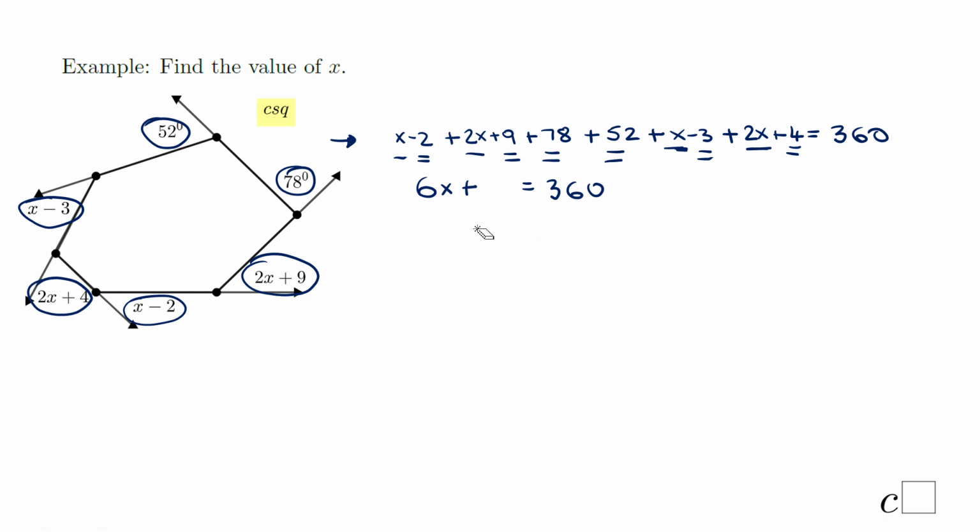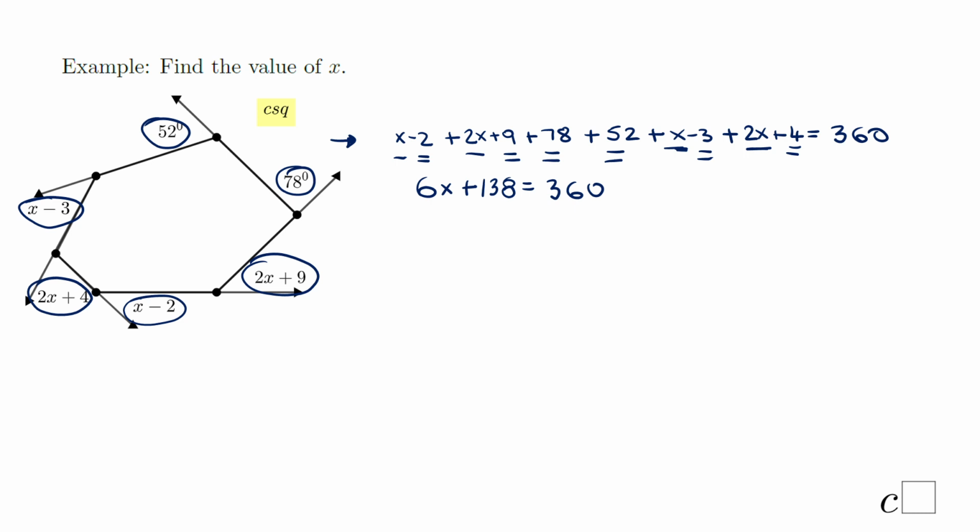And you know what? I'm going to try one more time just to be sure I have the correct answer. I apologize for that. One more time. Negative 2 plus 9 plus 78 plus 52 minus 3 plus 4.